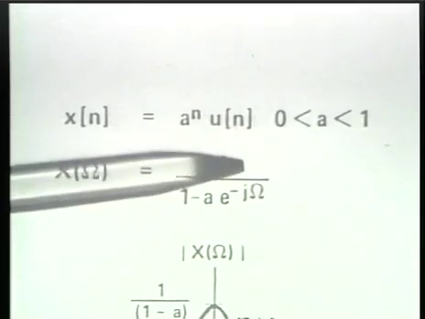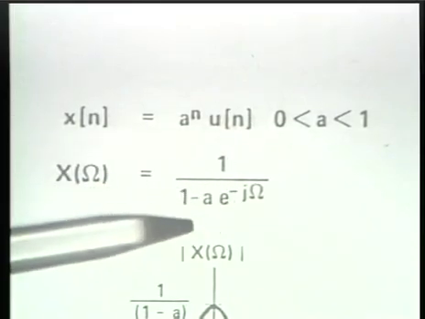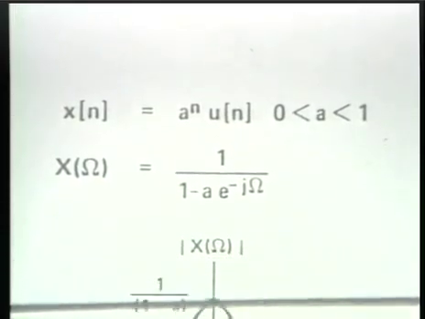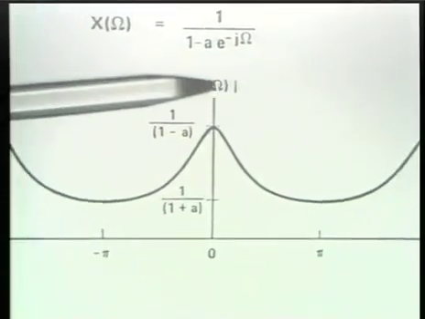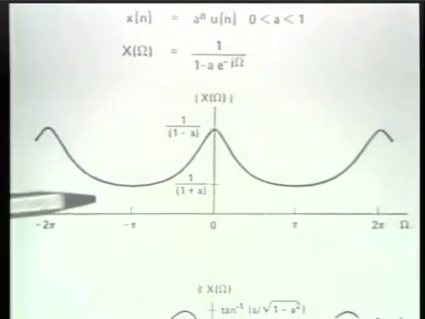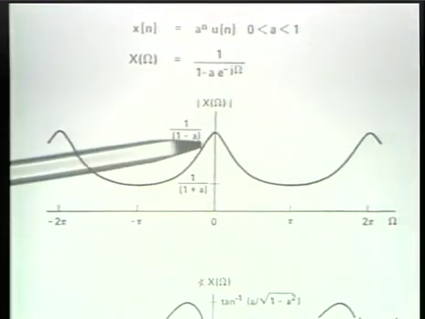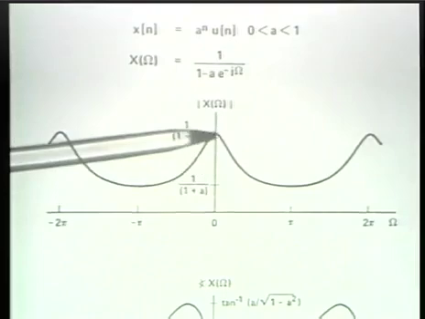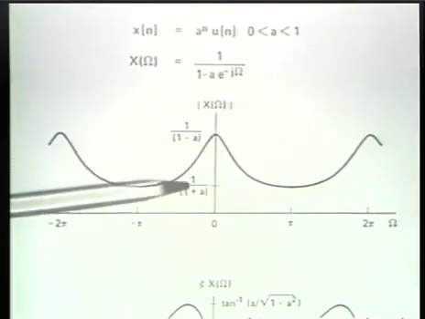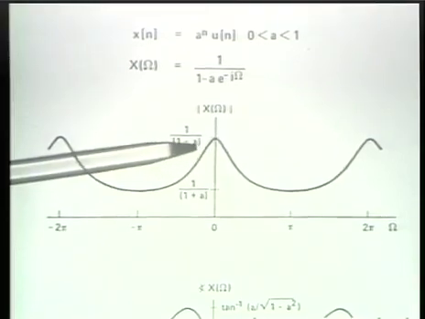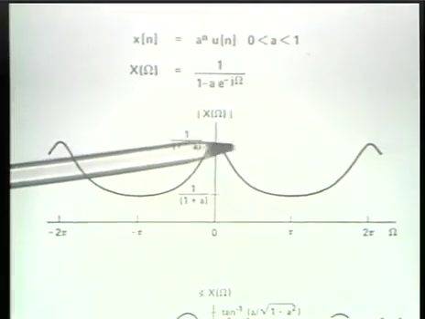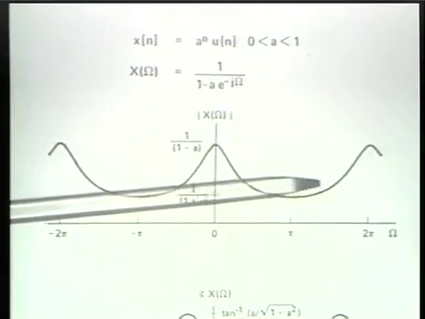And if we look at its magnitude and angle, the magnitude I show here. The magnitude, as we see, has the properties that we indicated. It is an even function of frequency. Of course, it's a function of a continuous variable, and in addition, it is periodic with a period of 2 pi.